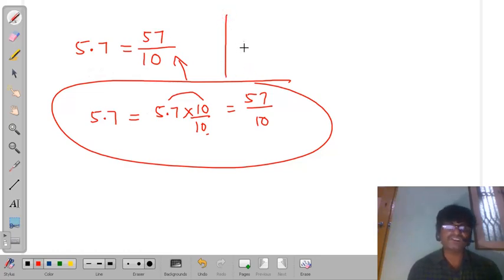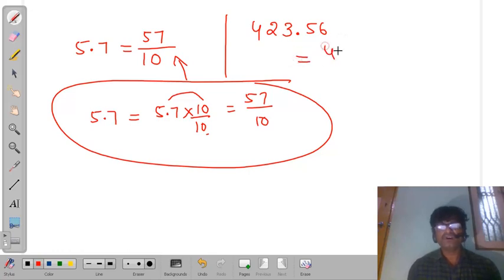Let me give one more example. Suppose we have 423.56. How to write this in fraction form? You ignore the decimal point, as we have to convert this into fractional form, and you write it like this: 42356.